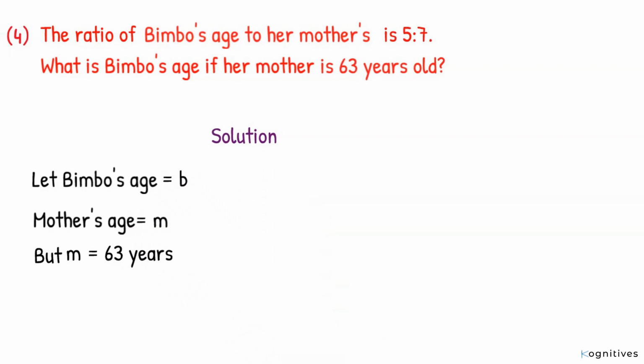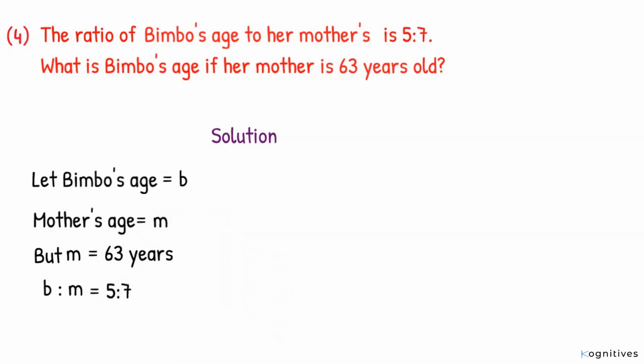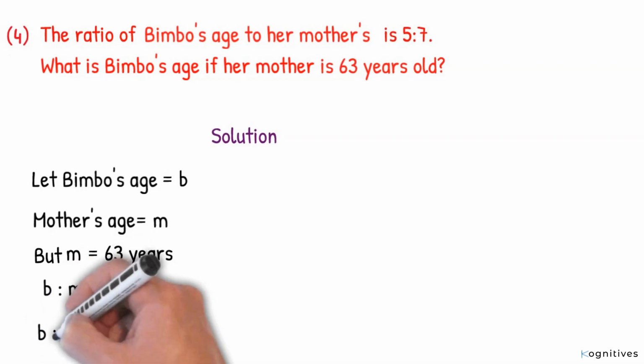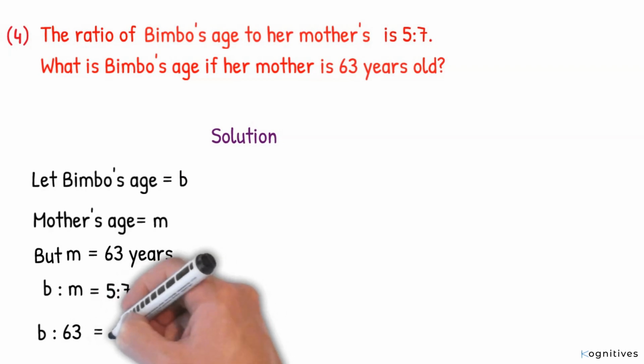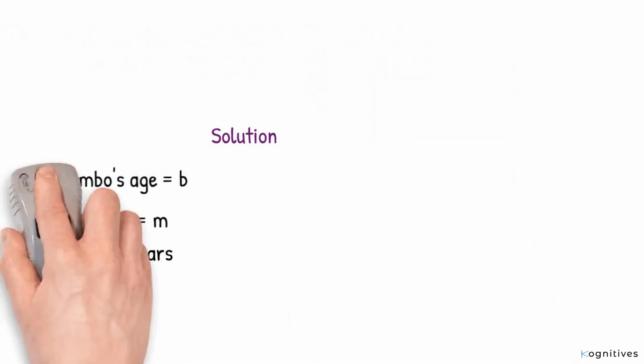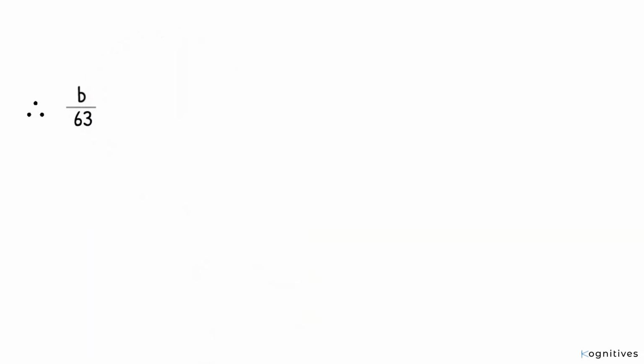Now, by comparison, B ratio M, which is Bimbo ratio the mother, equals 5:7, which means that B ratio 63 equals 5:7. Therefore, B over 63 equals 5/7.